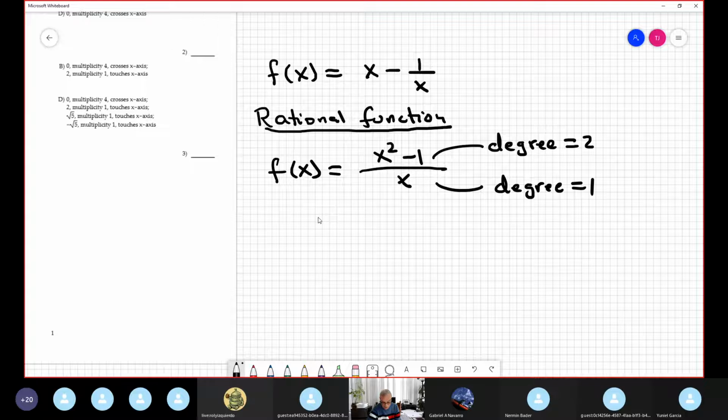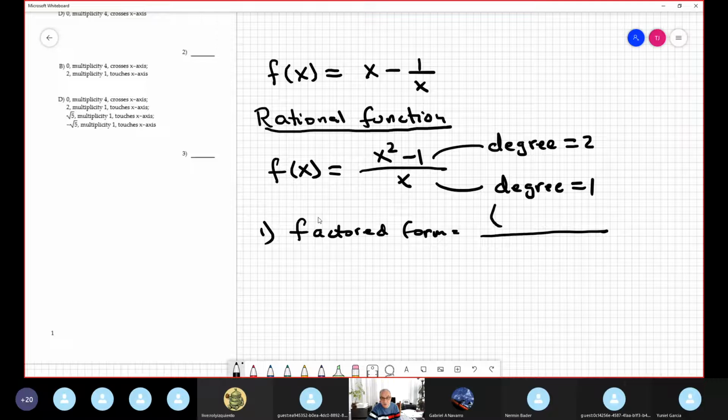Now, remember the 7 steps to do the graph of any arbitrary rational function. The first one is factor. This is factorization: x plus 1, x minus 1, because actually this is the difference of squares, divided by x.